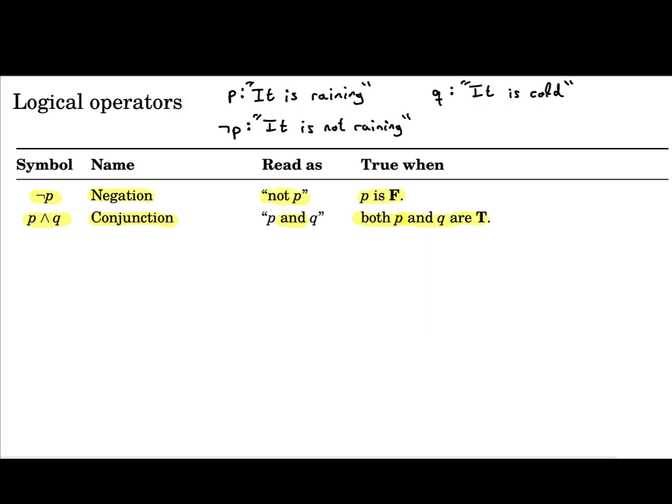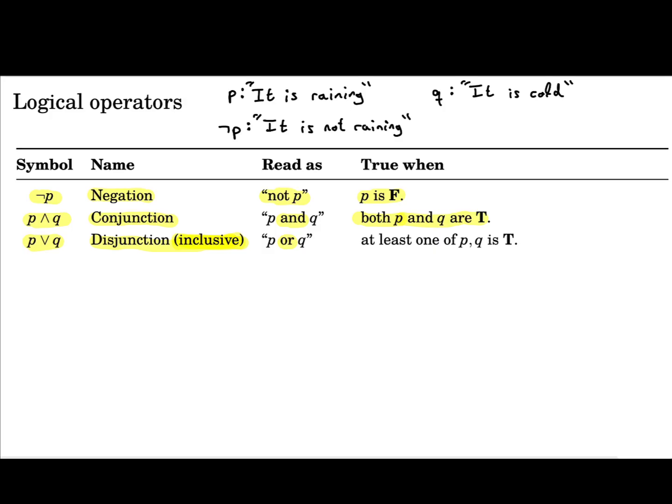Another basic operation is called disjunction, and this is known as the OR, and more so it's known as the inclusive OR, and we'll see why. We denote it in this way, and we read P or Q. So if we want to say it is raining or it is cold, when will this be true for us?